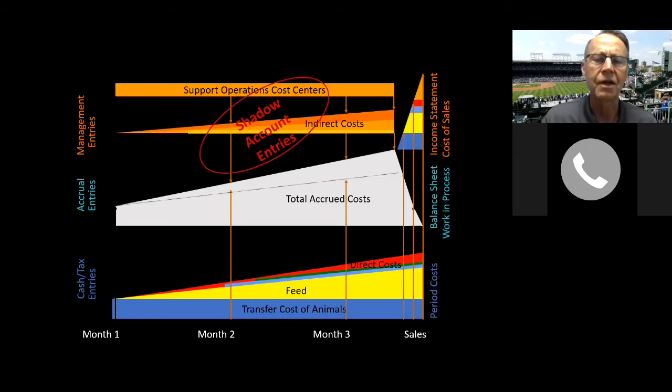We associate a shadow account with them, and these are the work in process WIP center entries. There is a WIP center, work in process center, for every production center in FBS. So these two are connected. These are automated. These are manual or imported directly.